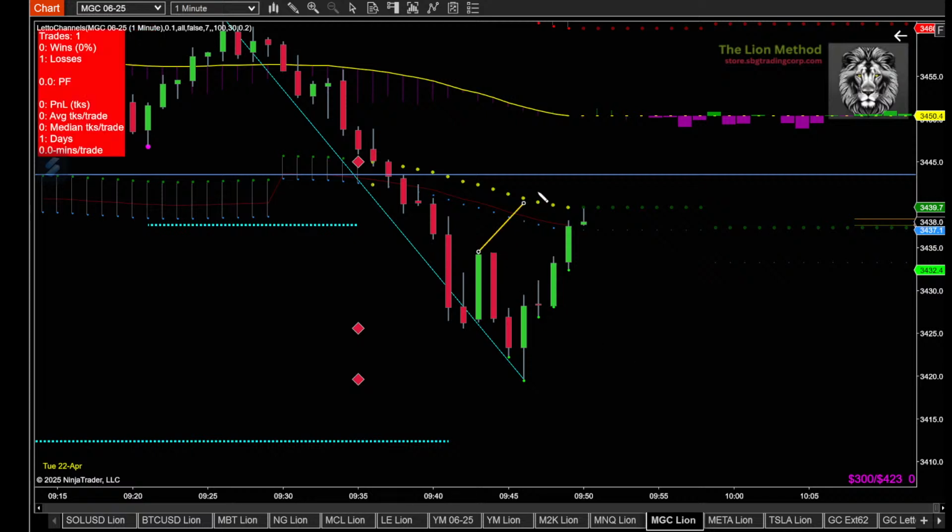Buying here, and our target is right up there. So let's see if we hit our $90 move. We're shooting for an 89 tick move. Micro gold.